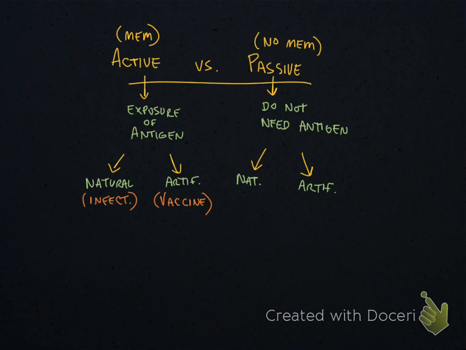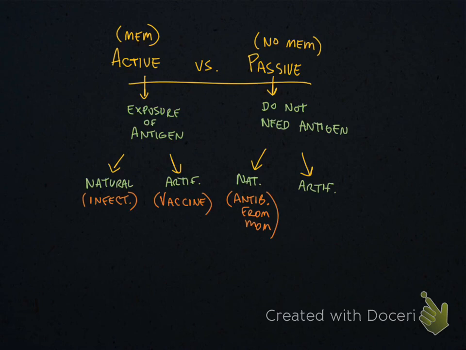So what is natural passive immunity? An example of that would be receiving antibodies from mom, say, from breast milk.